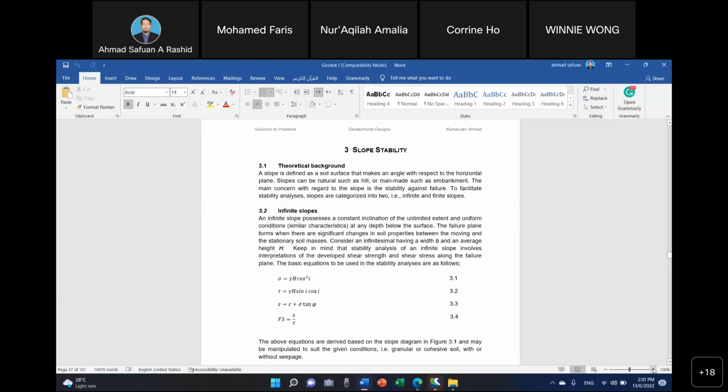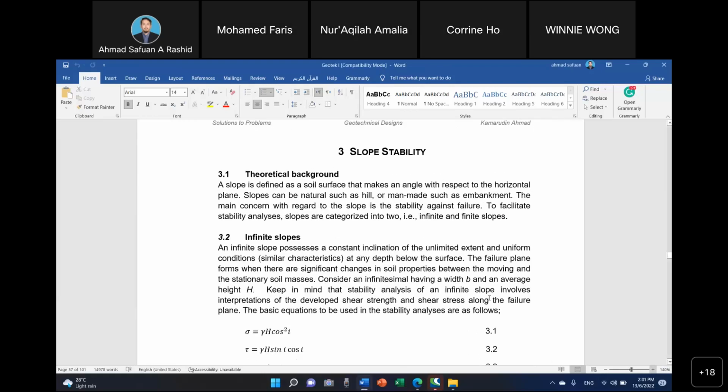Okay, for today's class, we may refer to Dr. Kamaruddin's reference book. I have explained the last class using the slide presentation, so now we look at Dr. Kamaruddin's reference book, chapter 3 on slope stability. This is not the recent version.